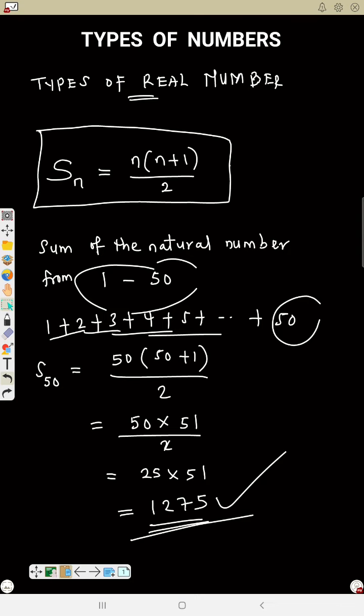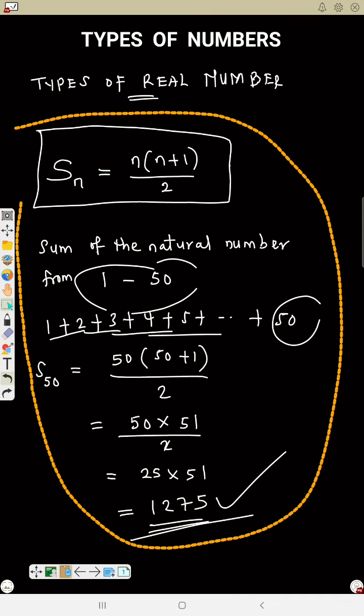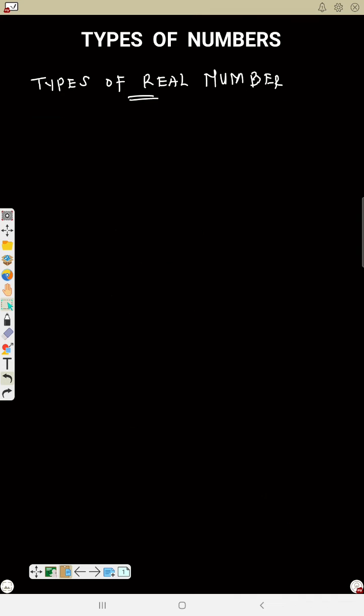Now I said types of real numbers. Number one, we picked natural numbers. Number two, whole numbers. All the counting numbers together with 0 form the set of whole numbers.